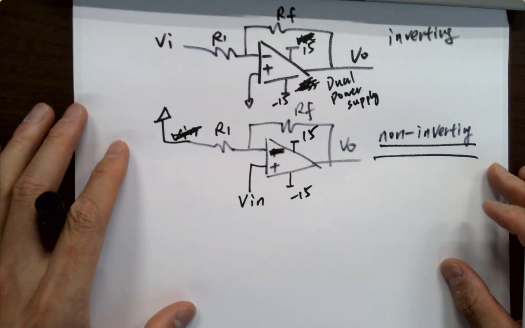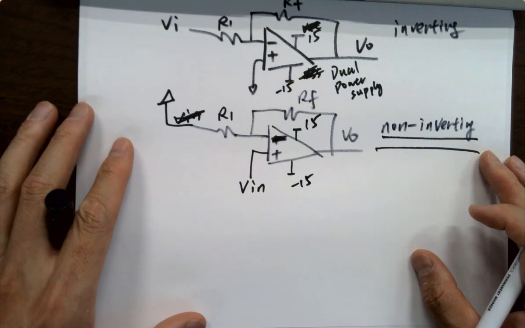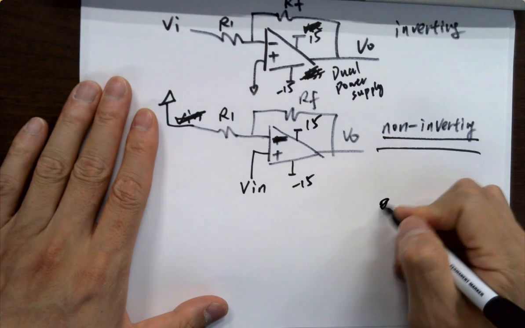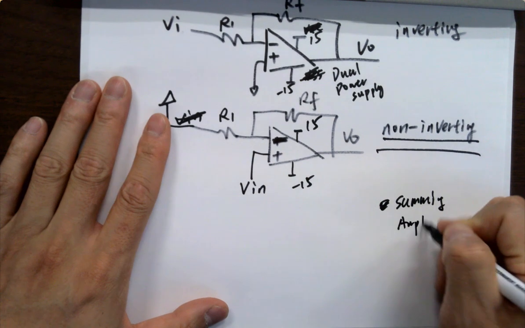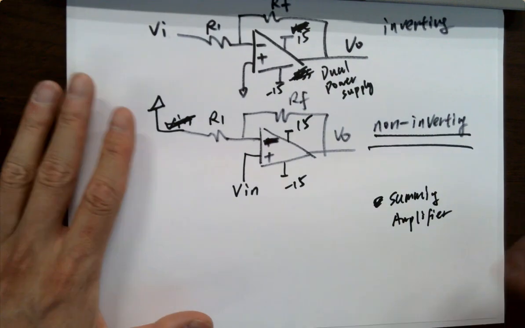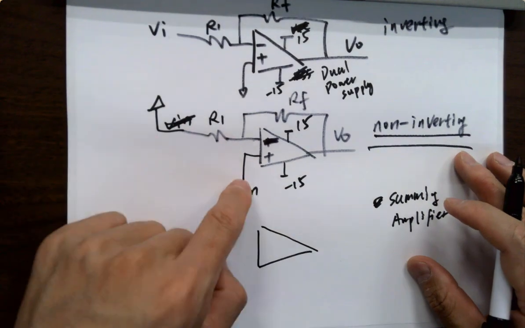Okay. These two. If I'm asking you to draw a summing amplifier, have you heard about that? Summing amplifier. We can sum it here. We can sum it here. We can sum it here.